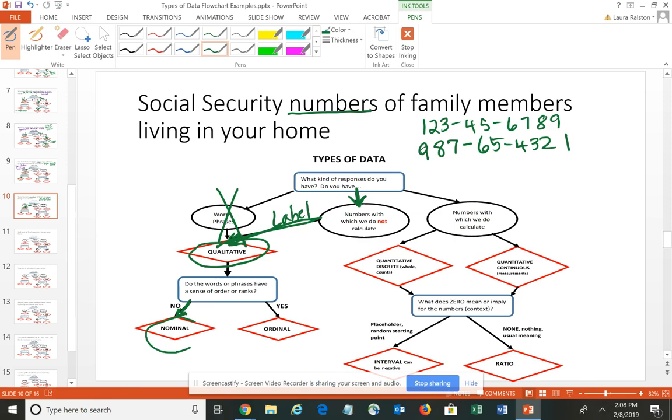So again, it's still going to be simply at the nominal level. So Social Security numbers, although they're numbers, are actually qualitative because they're just being used as labels, kind of to track. Think about it like a tracking system. And it's at the nominal level. There's not a sense of ranking to them.